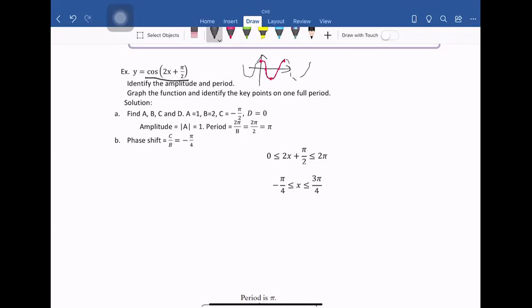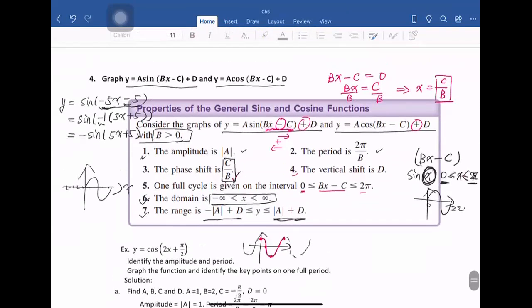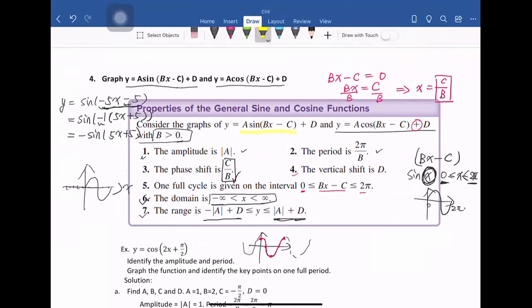For this expression, A is 1, and B is 2. C is negative pi over 2. Why? Because in this expression, we need to subtract C. That means if here is plus the C's value, we need to add a negative sign for that.